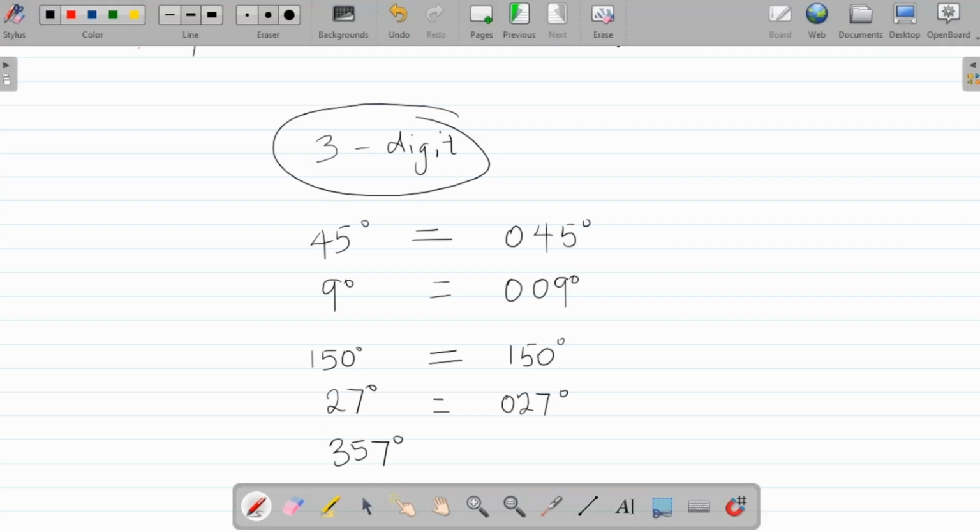Are we going to add zeros? No, because it is already 3 digits. So it's going to be 357 degrees.